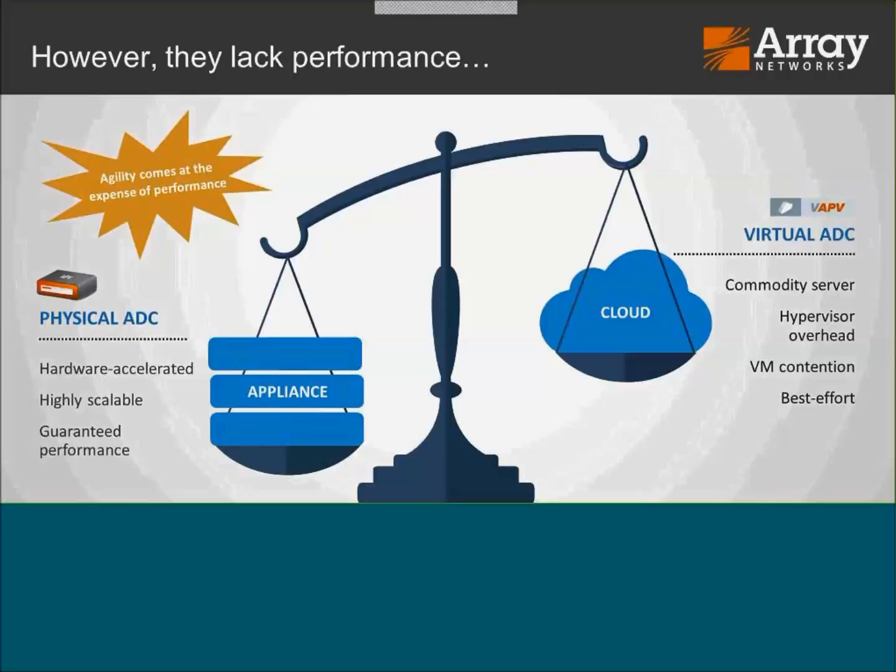That hypervisor takes away from the available performance of that platform. You have VM contention. Even though you assign certain CPU and memory to the particular VM, these VMs fight for resources on the platform. And in the end, you get a lower level of performance. And you also get best effort performance. There's no way to guarantee the performance for the ADC.